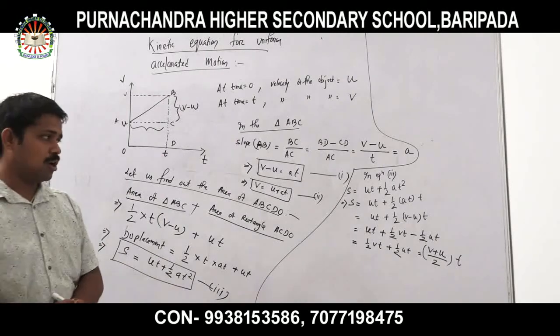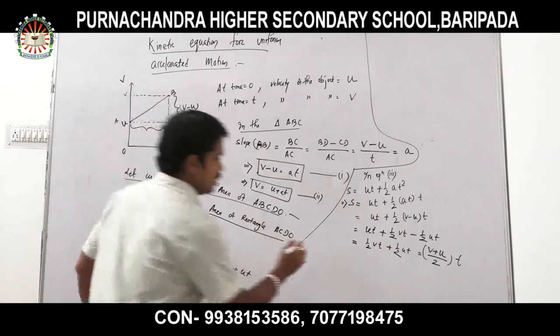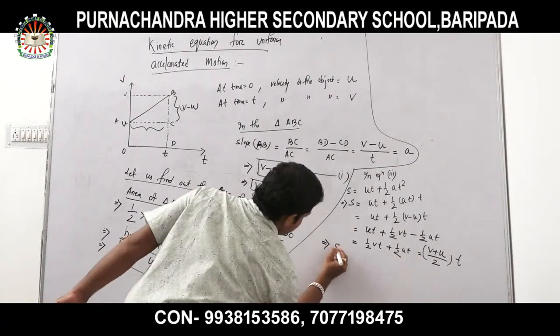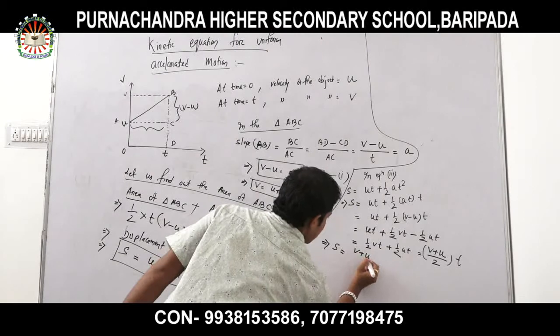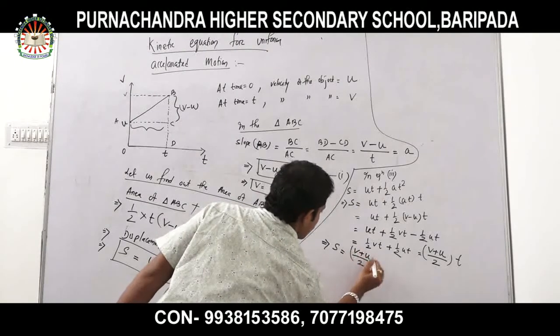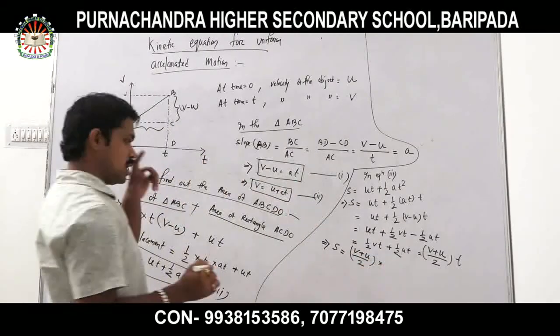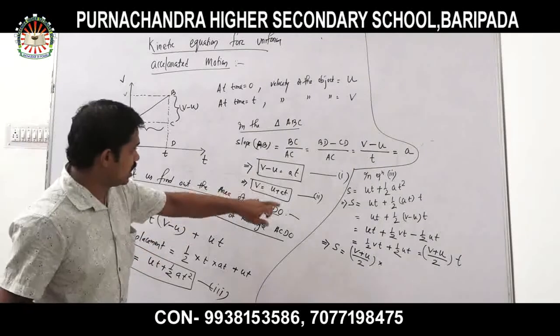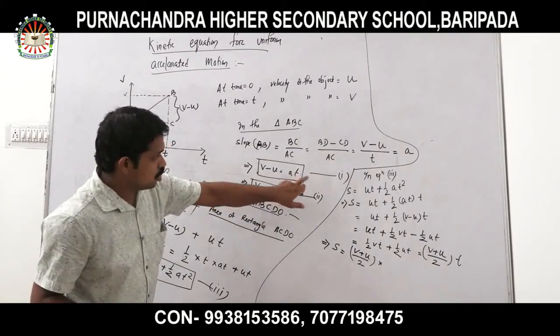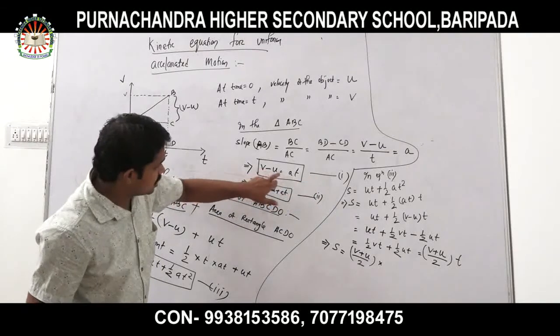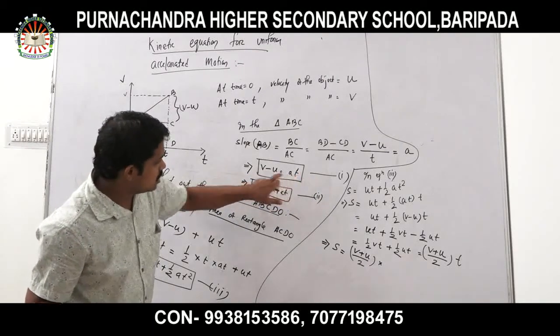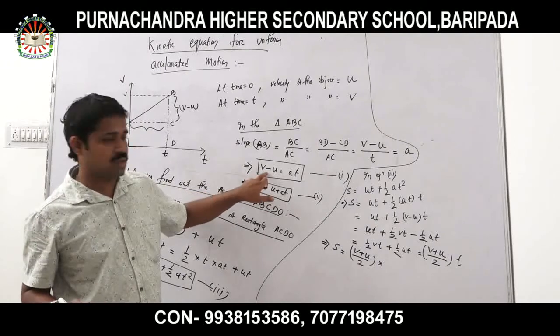Clear? All of you understood? So now S is equal to V plus U divided by 2, into T. Now in place of T, again I will go to equation number 1. V minus U is equal to AT, so T is equal to V minus U divided by A. Yes or no?